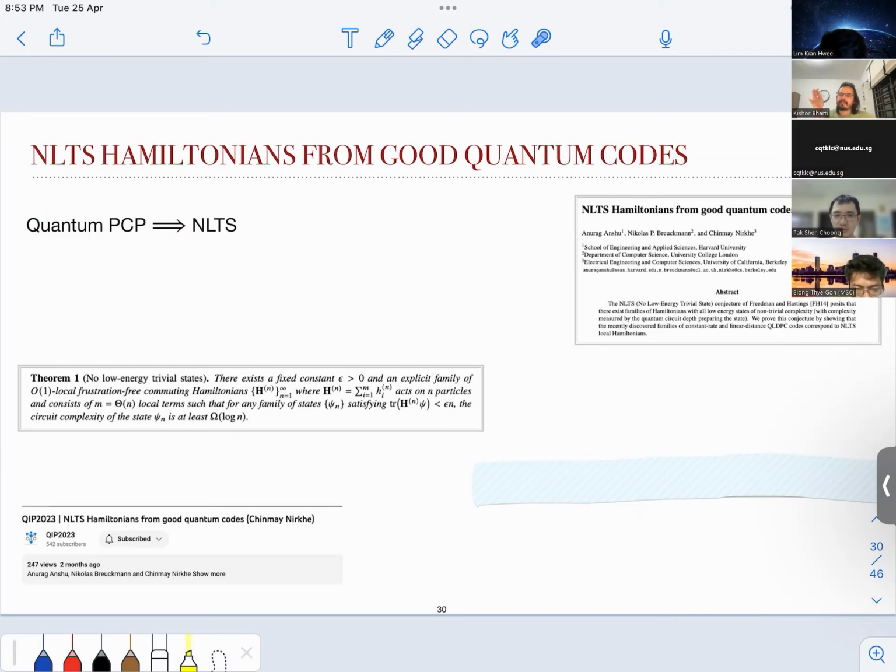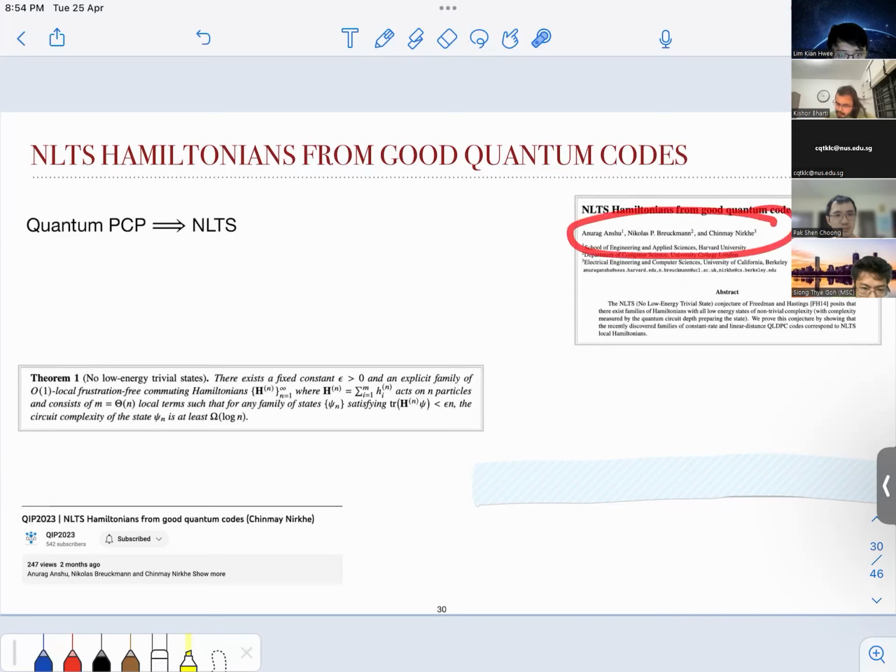For example, states which can be represented by a constant depth circuit can be considered trivial. So NLTS means no low energy trivial state. To prove this conjecture, one had to show existence of Hamiltonians for which all the states in the low energy subspace cannot be represented trivially. In the language of circuits, they do not admit a constant depth representation.